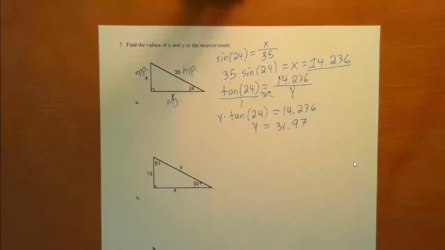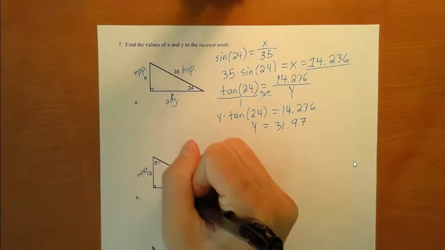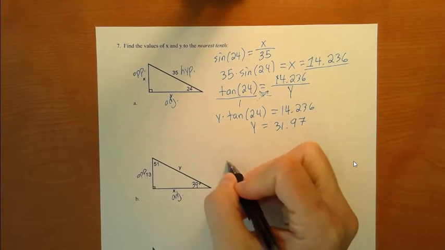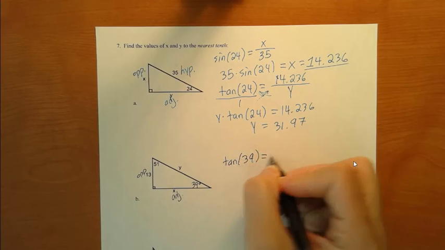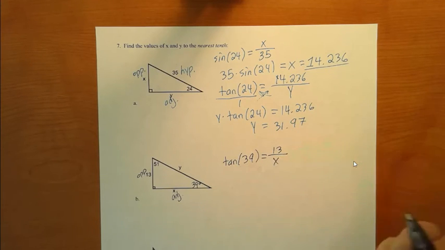If I want to think about the easiest way to approach this problem, what I would probably do is try to find my x value first. So I could use the 13 as my opposite side and the x as my adjacent side. So now I would do tangent of 39 degrees would be 13 over x.